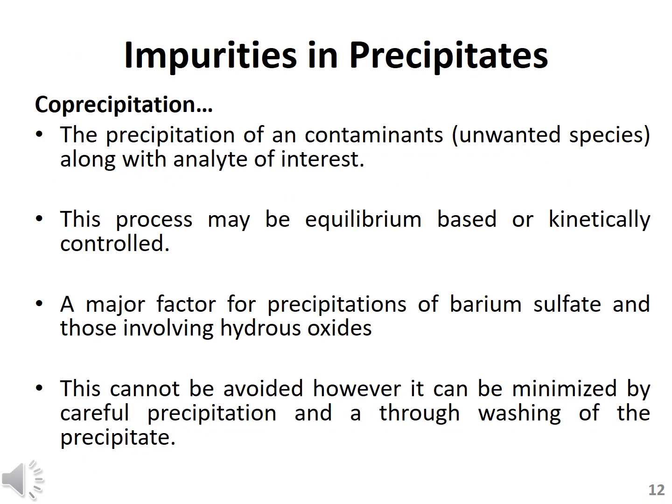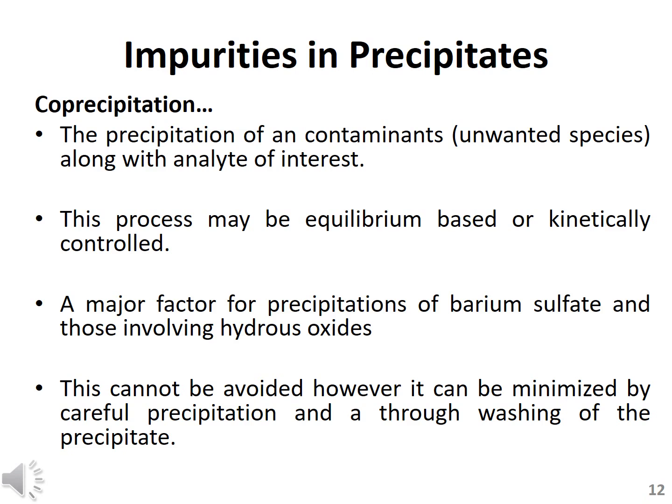When we are dealing with gravimetric analysis and going for the development of the nucleus to get a bigger precipitate, there is a chance that some contaminant can be deposited on the nucleus crystal of the targeted analyte. This is the precipitation of the contaminants along with the analyte of interest, and this process is known as co-precipitation.